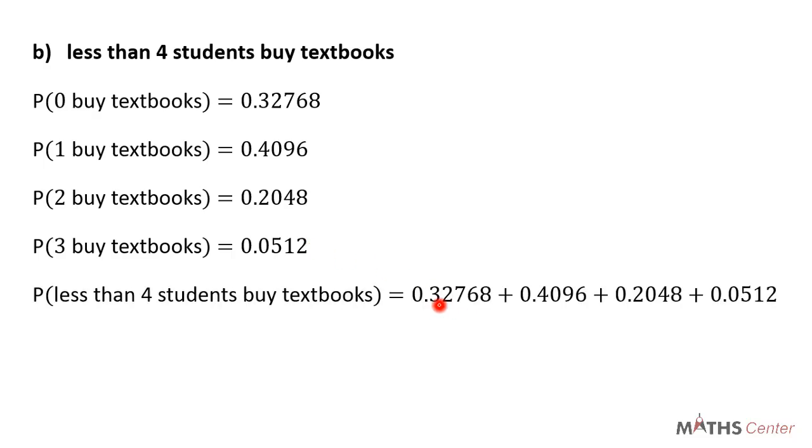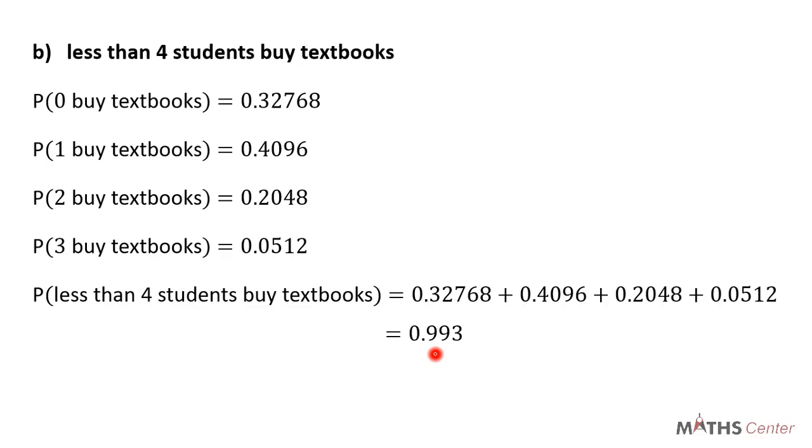When we do that, we have 0.32768 plus 0.4096 plus 0.2048 plus 0.0512. When you add them, you have 0.993. So the probability that less than 4 students buy textbooks is 0.993.